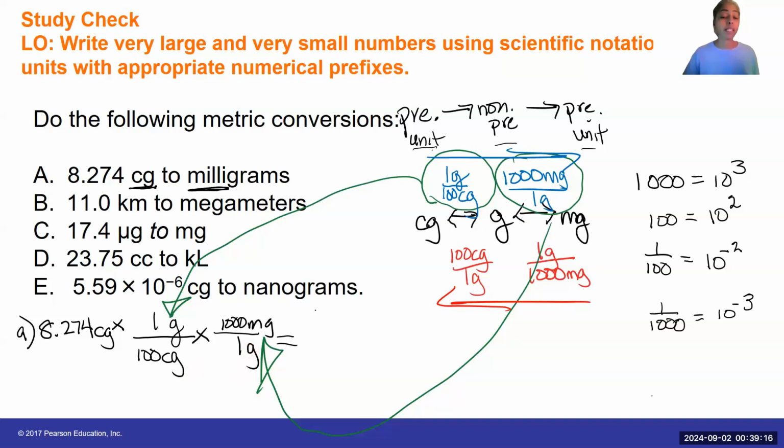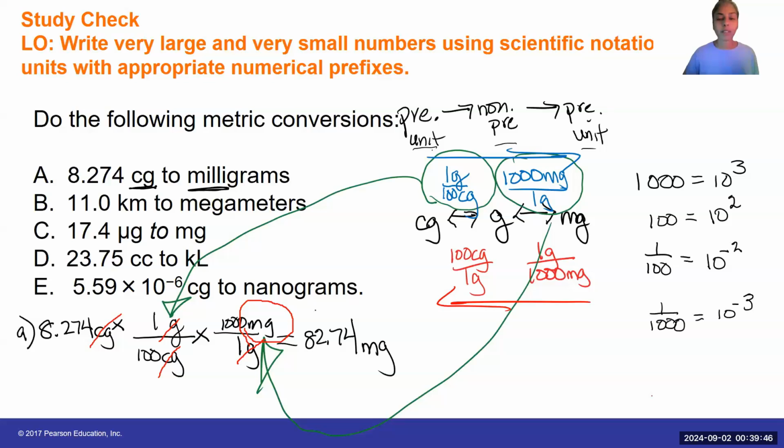That can lead to rounding errors. So we end up with 82.74 milligrams. I notice here that centigrams are canceling out and my grams are canceling out. That leaves me with milligrams. So that would be our final answer.